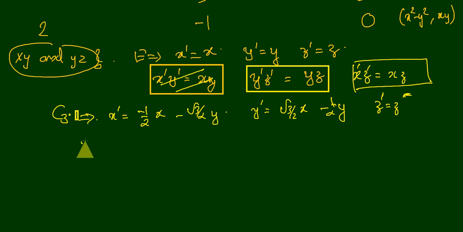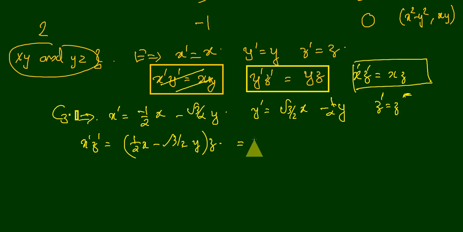So x dash z dash is equal to minus half x minus root 3 by 2y into z, that is z dash is equal to z. So how do we write it?